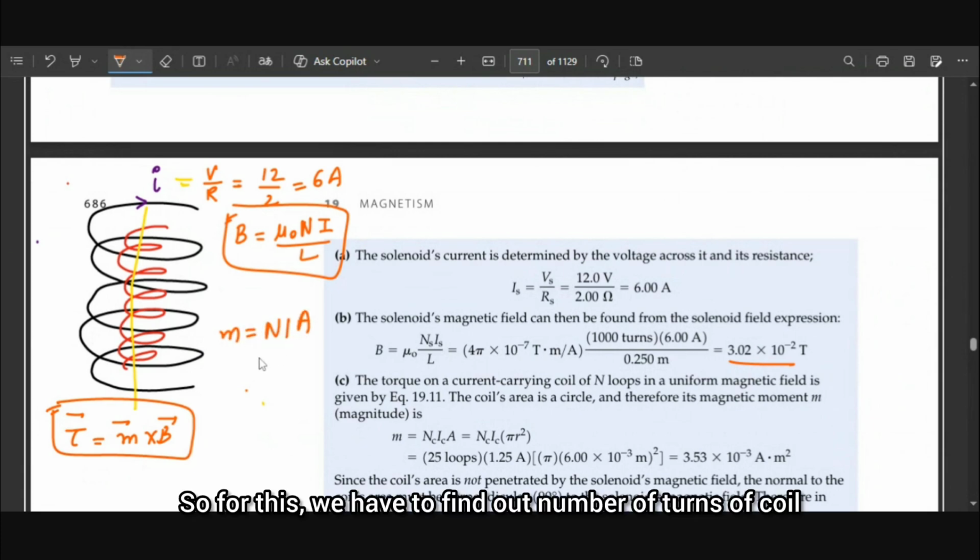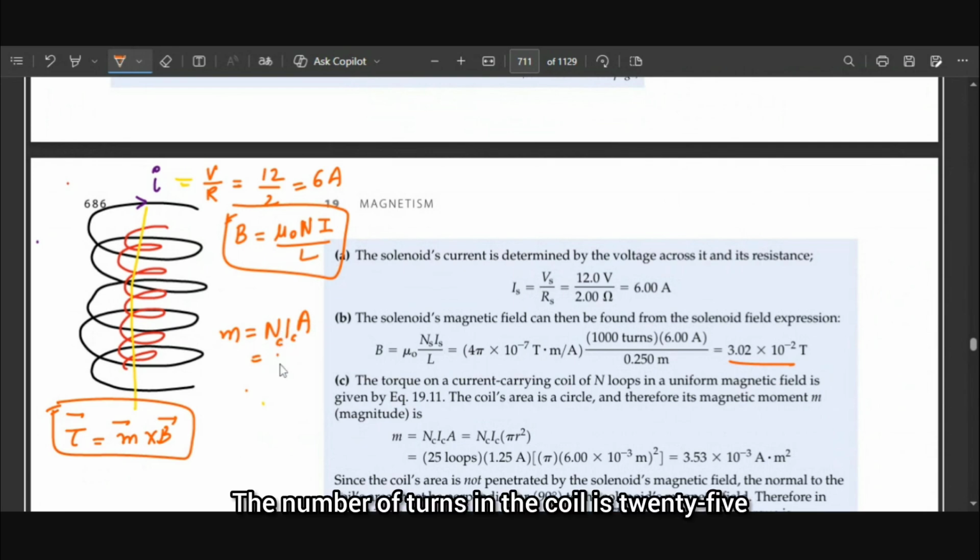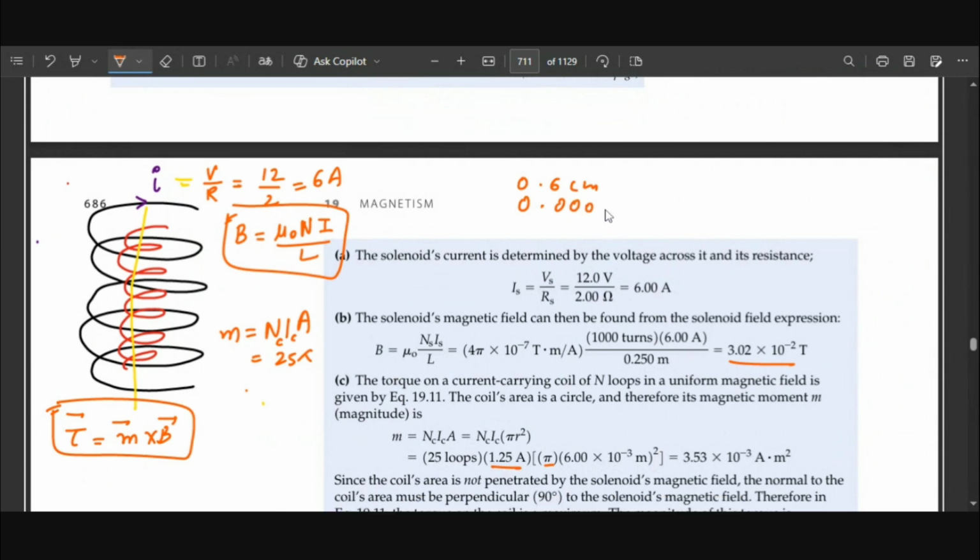For this, we have to find the number of turns of the coil, the current in the coil, and the area, which is given by pi r square. The number of turns in the coil is 25, the current in the coil is 1.25 amperes, and the area is pi r square, so pi times (6 into 10 to the power minus 3) meters square. It was 0.6 centimeter, which can be written as 0.006 meters, so 6 into 10 to the power minus 3 meters.